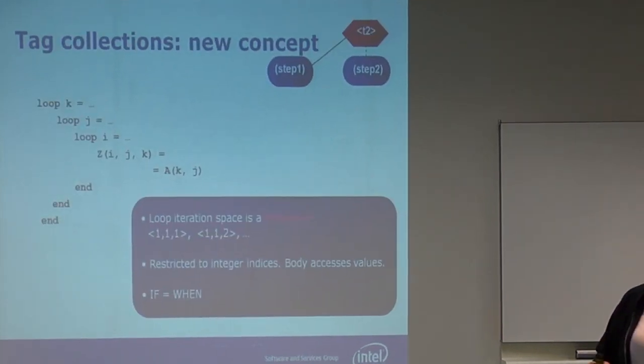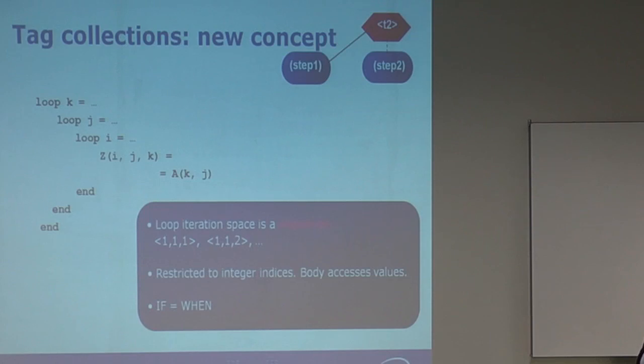So the way I'll explain the tag collections is by starting out with a loop, a loop nest, and the body of the loop. So we have an iteration space here, and you're probably fairly comfortable with this. As you're going through this loop, the iteration space is produced one tuple at a time.